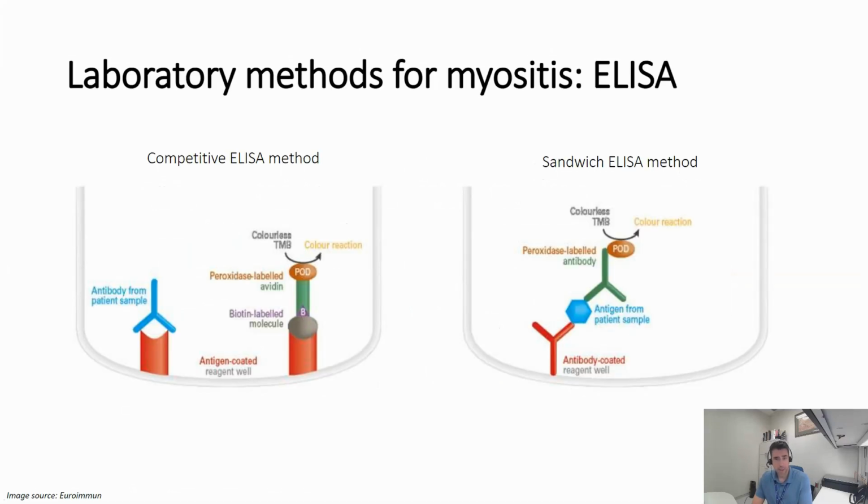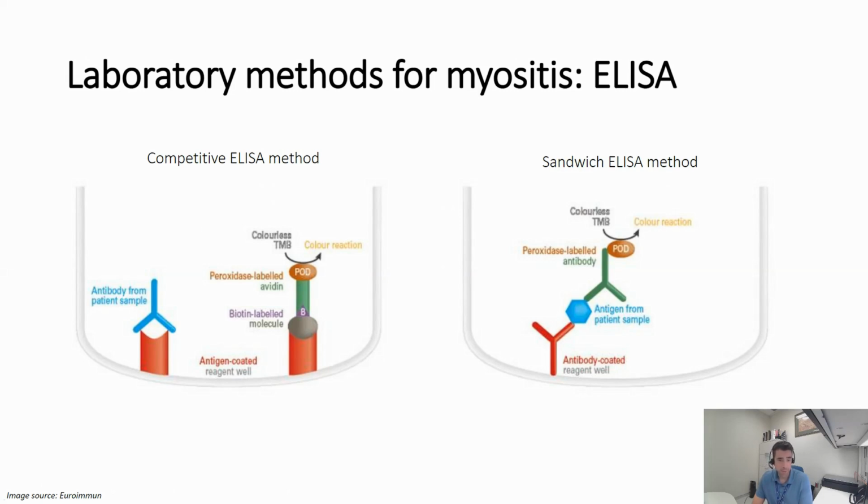Other laboratory methods can be either a competitive ELISA or a sandwich ELISA. In a competitive ELISA, we have our antigen-coated reagent well, where we can have the antibody from our patient sample or a biotin-labeled molecule.